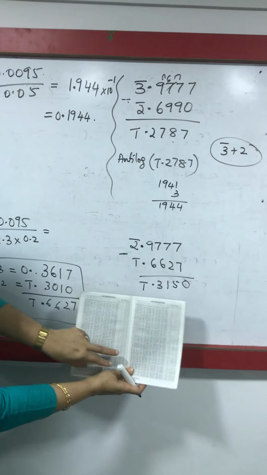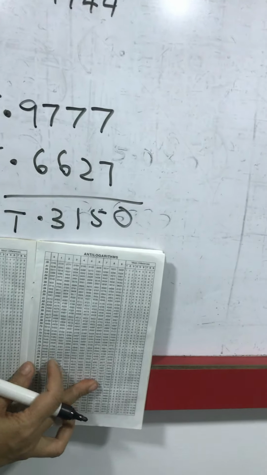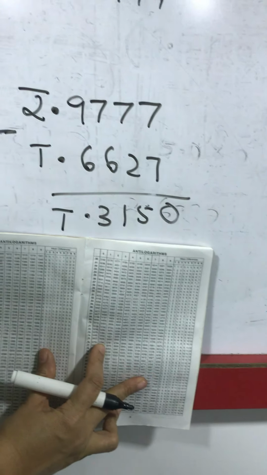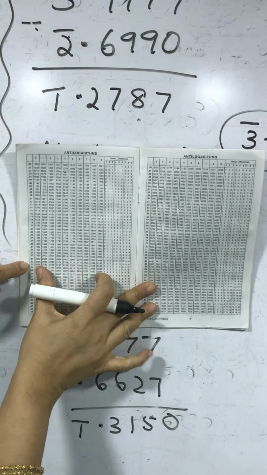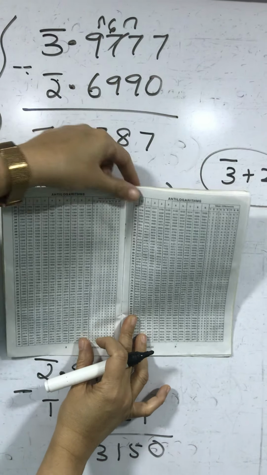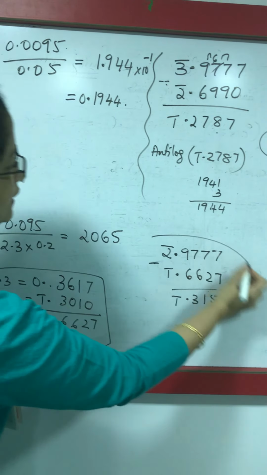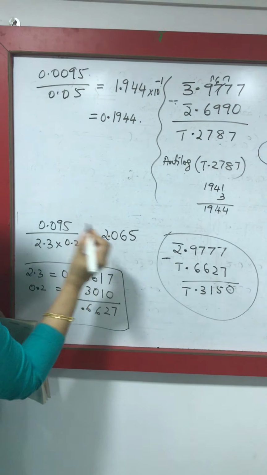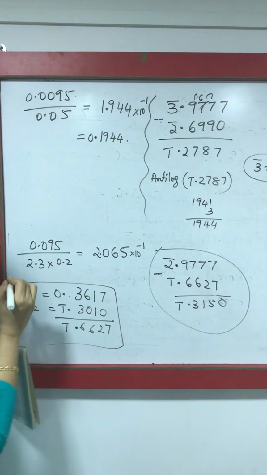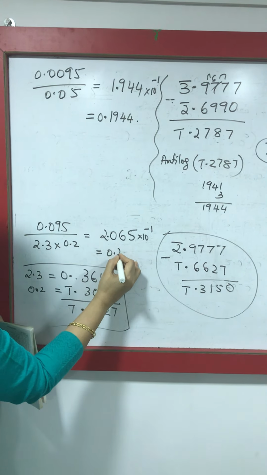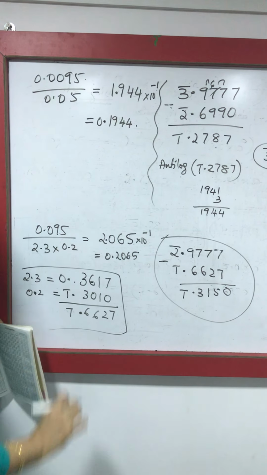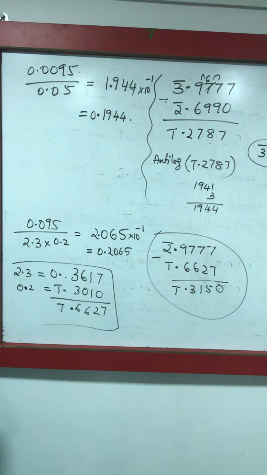As I said, when we find anti-log, we are looking only at the mantissa. 0.31, main column 5, then it is 2065. These numbers I write here. Characteristic is bar 1. So I'll write 2.0 into 10 raised to minus 1, which I can also write as 0.2065. This is how we will do sums using log tables in chemistry.